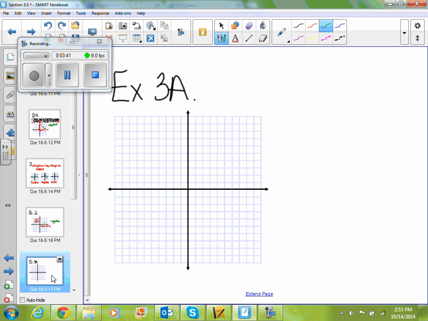Okay. So let's actually look at trying to describe some correlations based on some word problems, okay? So on 3A, the number of empty seats in a classroom and the number of students seated in class. So we're talking about empty seats, and we're talking about number of students.